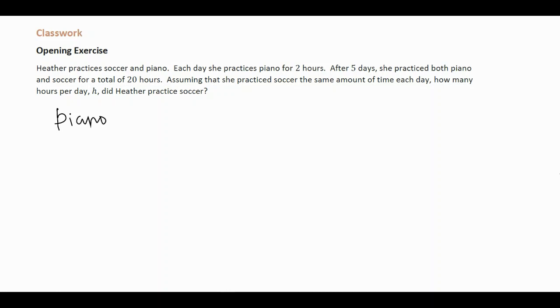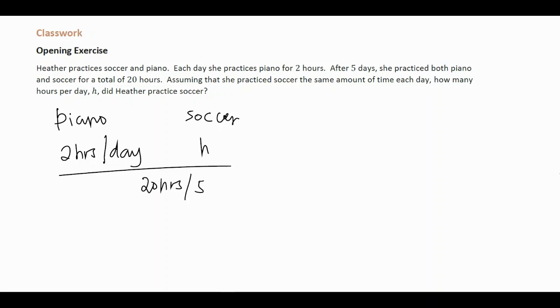So her piano practice consists of 2 hours per day. And we are being asked for the number of hours of practice she does for soccer, and the total of this will be 20 hours, and that is for 5 days.